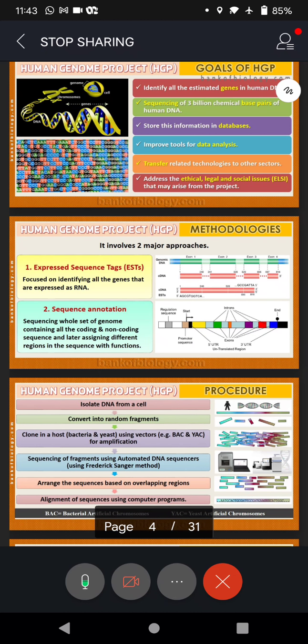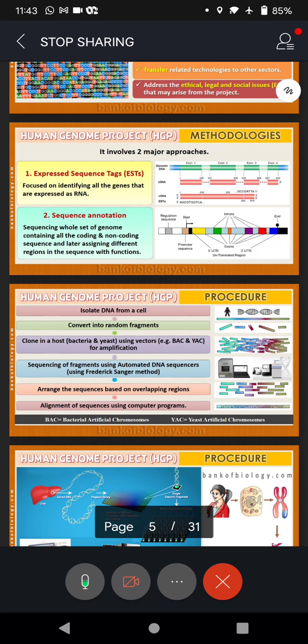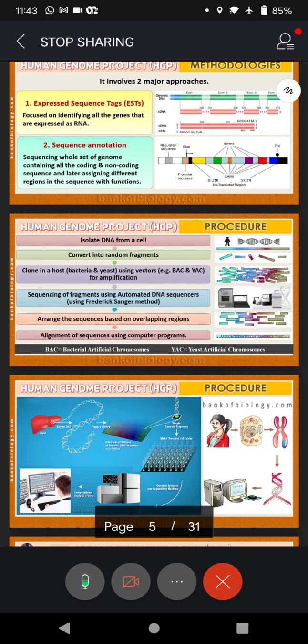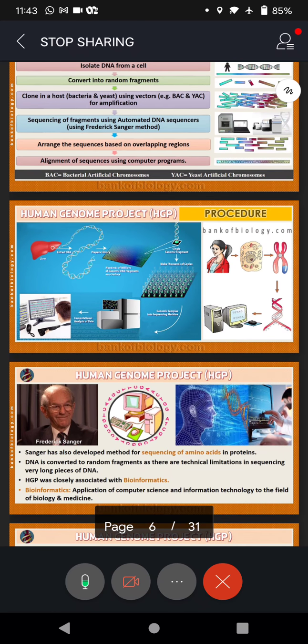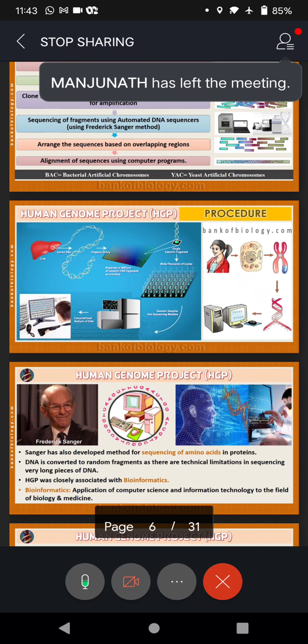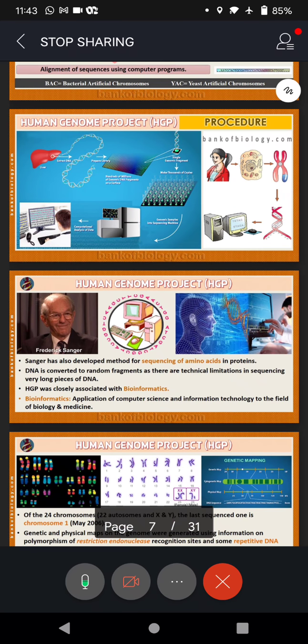We said ESTs, expressed sequence tags, and sequence annotation. These are the two methods that are used. And the procedure we discussed. And then the help of technology in making the HGP project successful, we discussed.